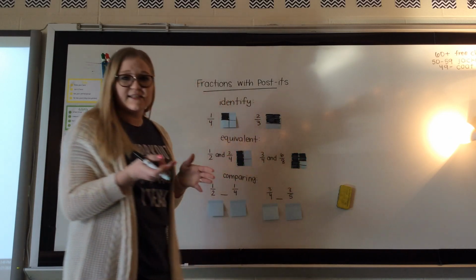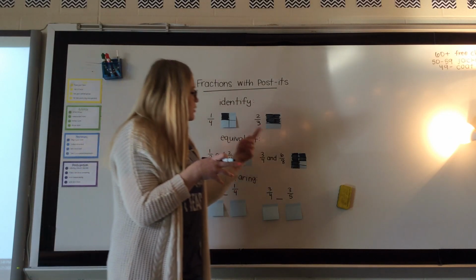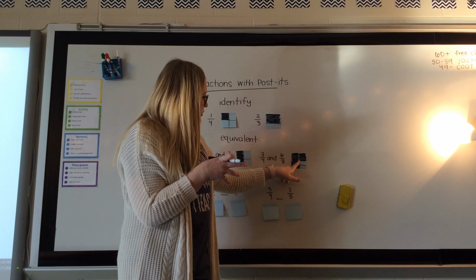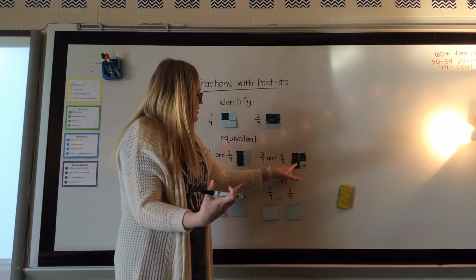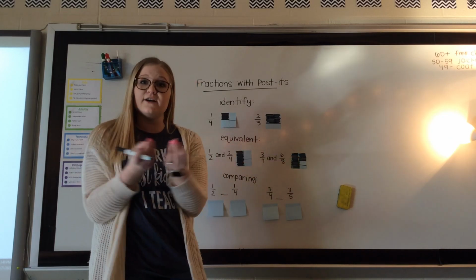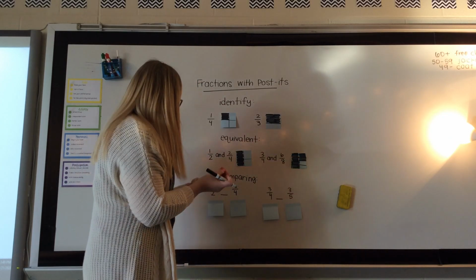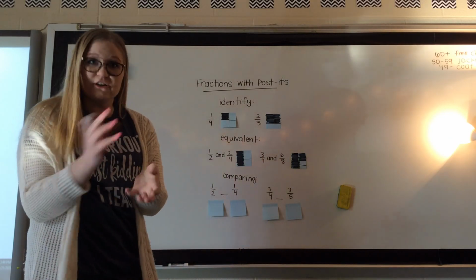Now I have 8 pieces, and to see if 3/4 and 6/8 are equivalent, I check my 8 pieces: 1, 2, 3, 4, 5, 6, 7, 8, and I need to see if 6 of them are shaded. 1, 2, 3, 4, 5, 6. Six of them are shaded, so 3/4 and 6/8 are two equivalent fractions. So that's a way to use Post-its for equivalent fractions.